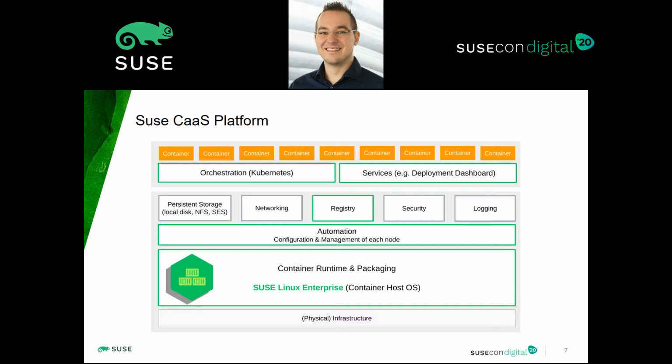Then comes a layer with different things like persistent storage, networking, the registry, the security, and the logging. And on top of that comes the orchestration, which is actually Kubernetes. And we have the services, for example, the deployment dashboard of CaaS. And at the very top, there are the containers running.